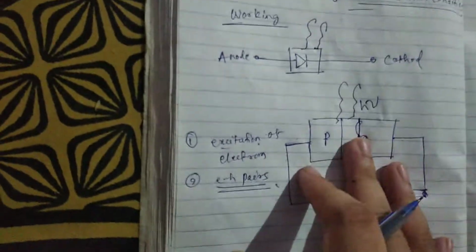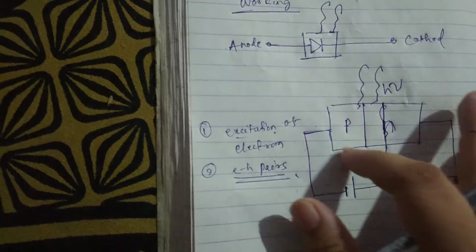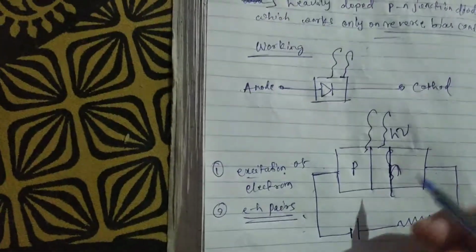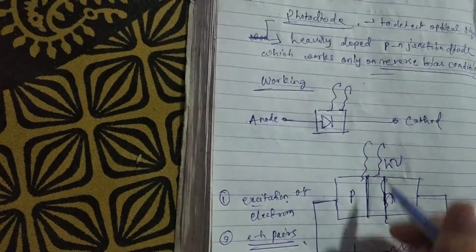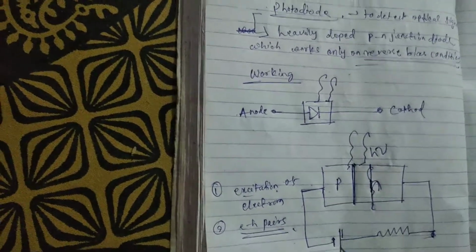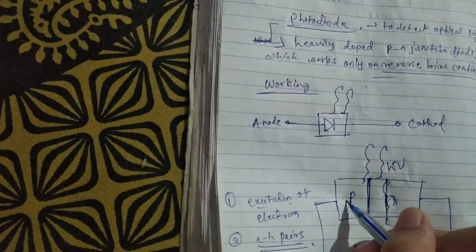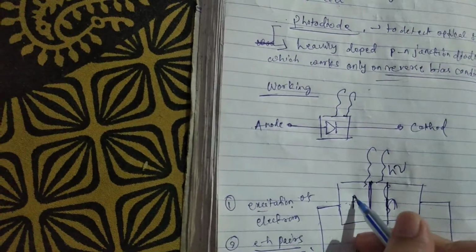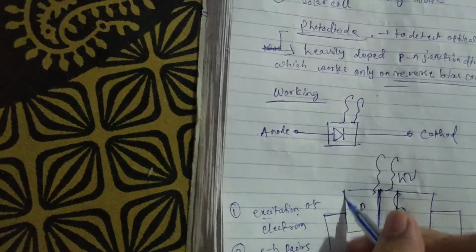Since the electron hole pairs are formed, they will get separated due to this reverse bias voltage. There will be separation of the electrons and the holes, meaning the holes will go to the p side, and the electrons will go to the n side.